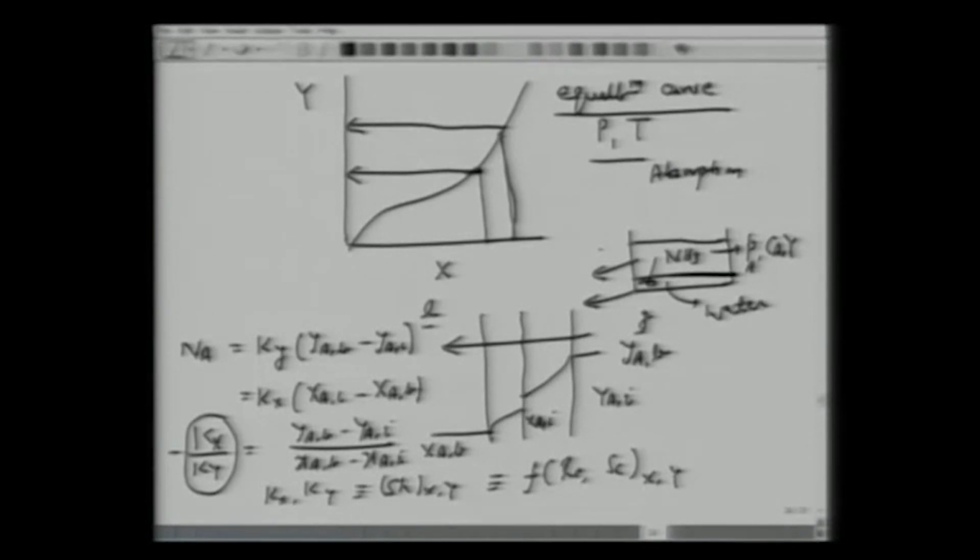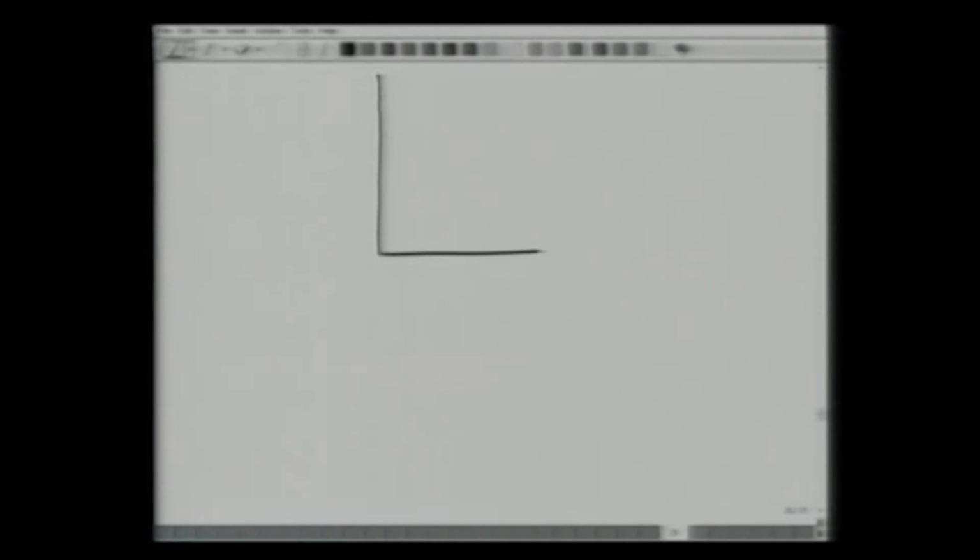Okay, so now let's plot again these points on the xy plot. So we have xy, we have the equilibrium curve here between y and x, and this is our bulk concentrations given in the gas phase and water phase.